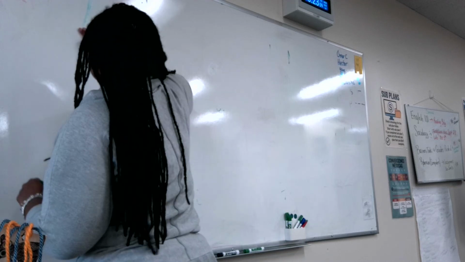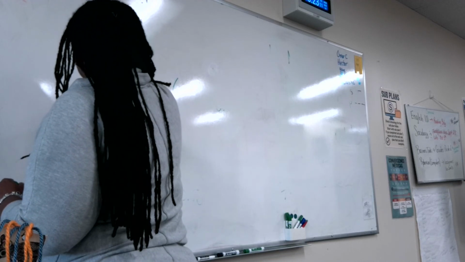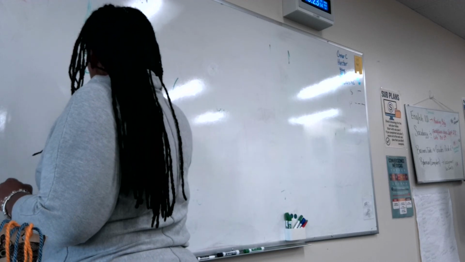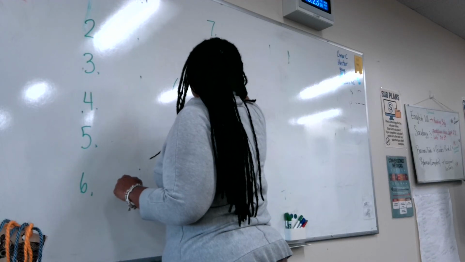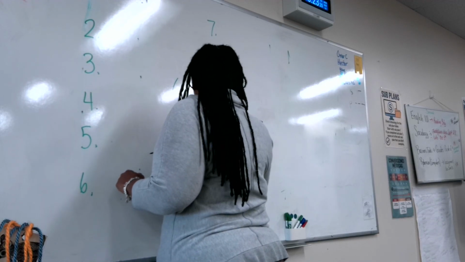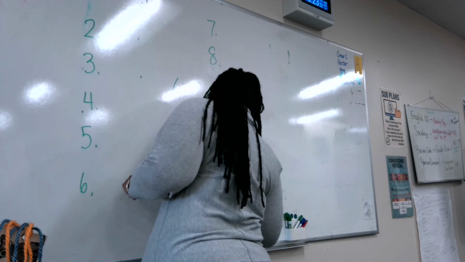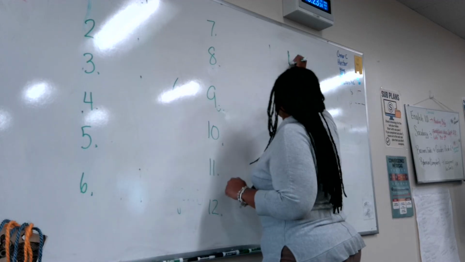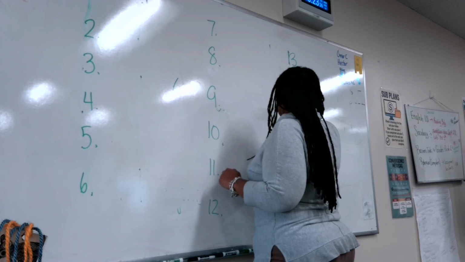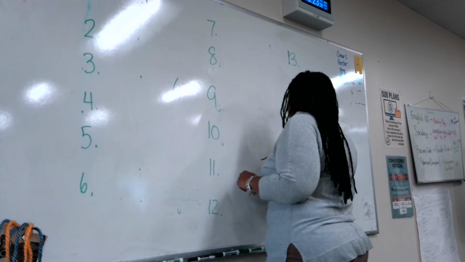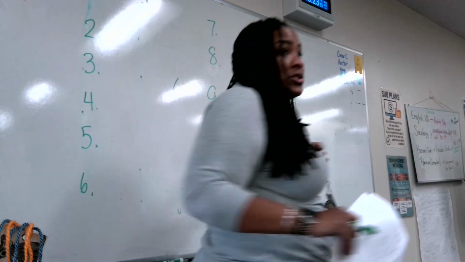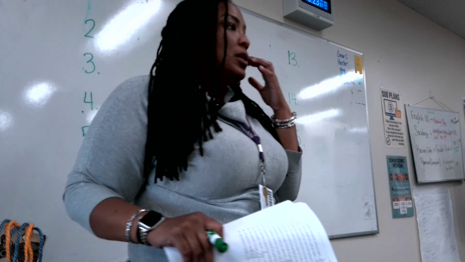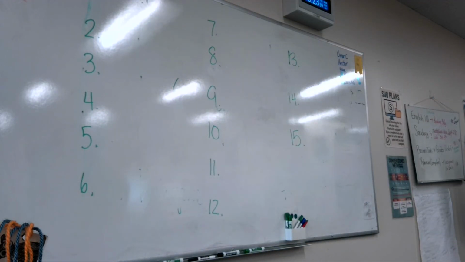Okay, so we got 15 questions. 1, 2, 3, 4, 5, 6, 7, 8, 9, 10, 11, 12, 13, 14, 15. All right. So, looking at the color by number, let's just answer the questions first, and then you guys can just color it, and that'll be it.